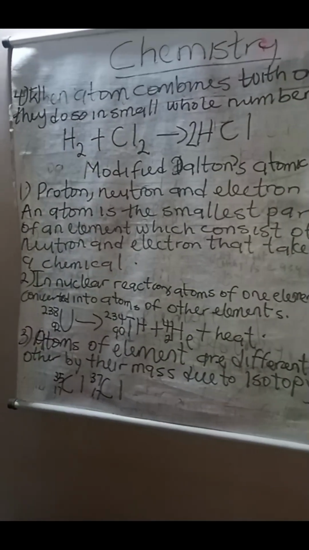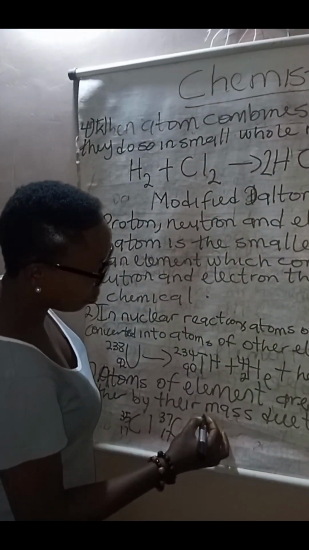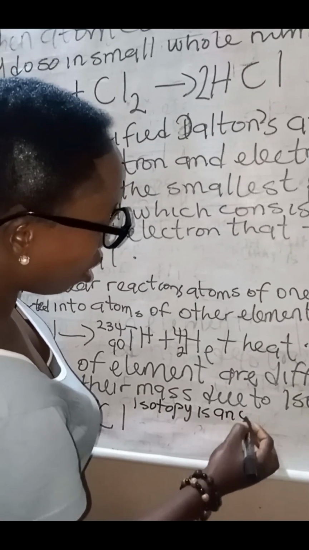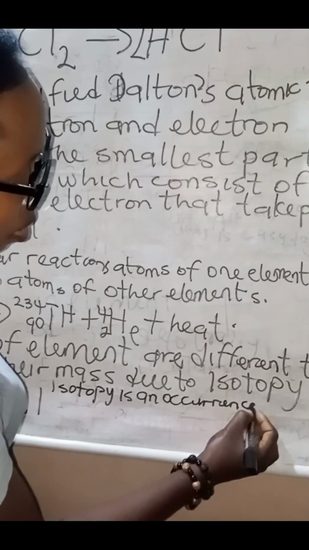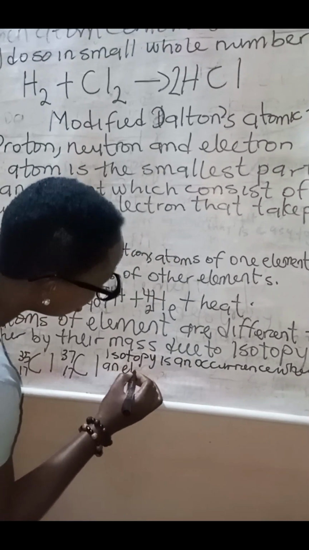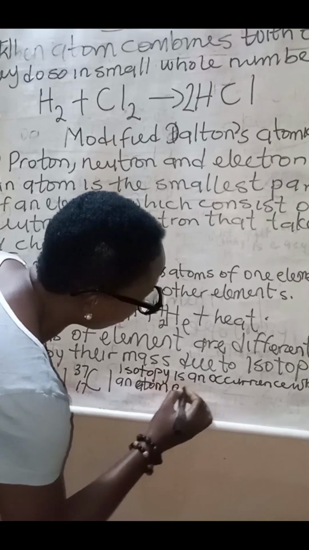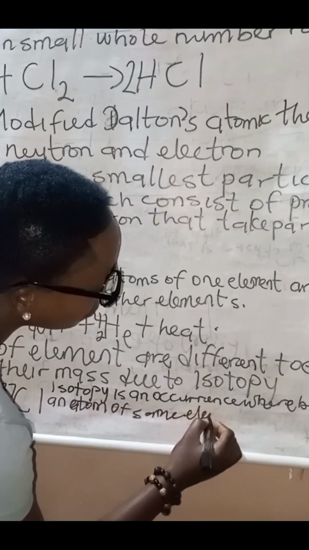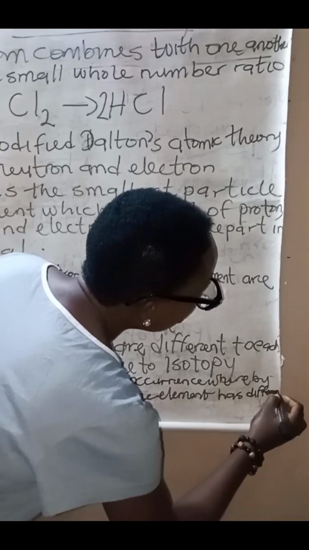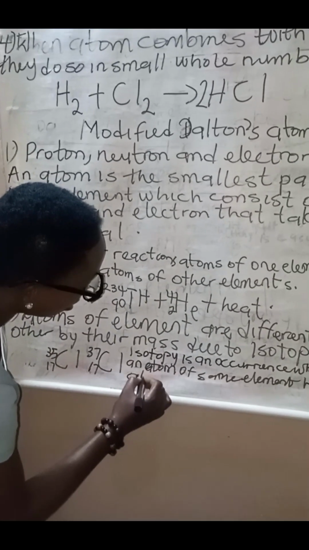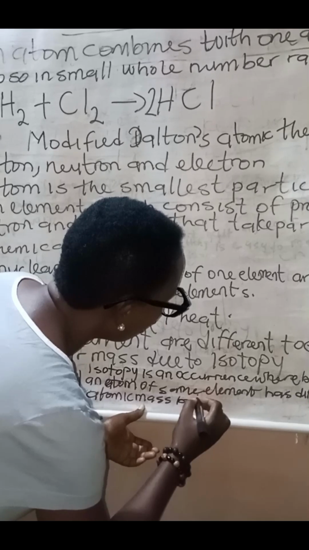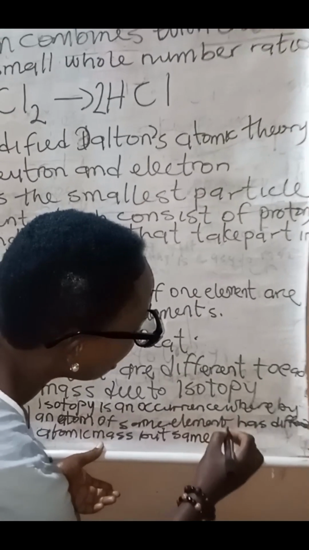And what does isotopy mean? Isotopy is an occurrence whereby atoms of the same element have different atomic mass but the same atomic number.